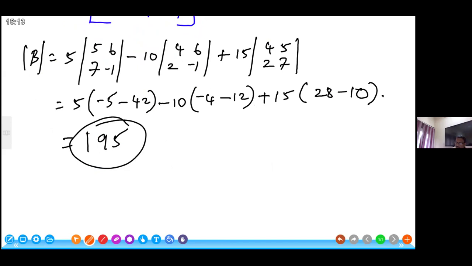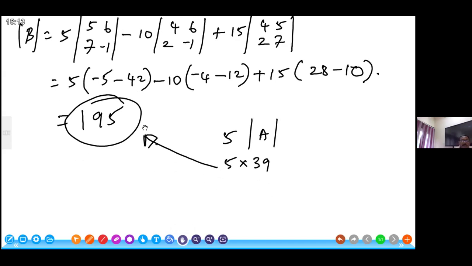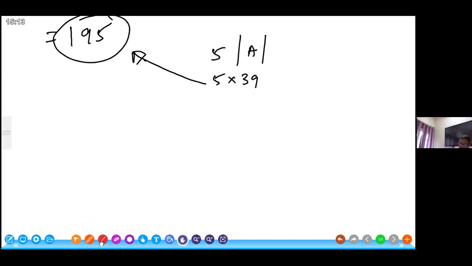So this is actually 5 times the determinant of A. So that is 39 multiplied by 5. So that is the property, right? Okay.